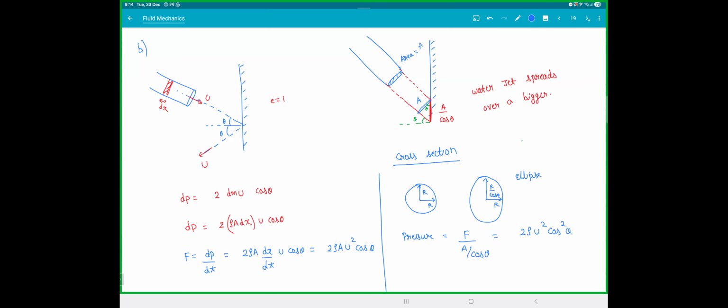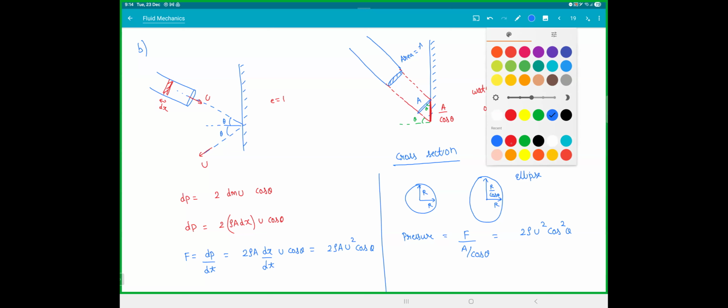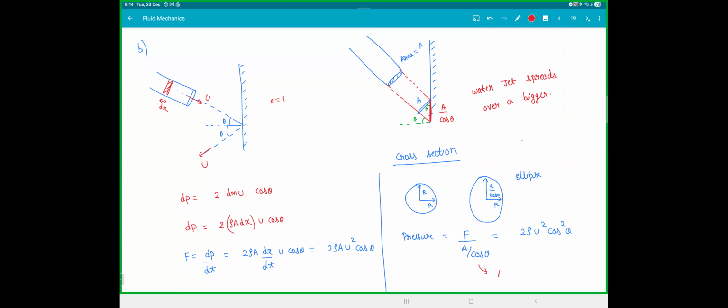Most people don't get that cos square theta. This A by cos theta is the area where the force acts. That's an important result. You can remember that.